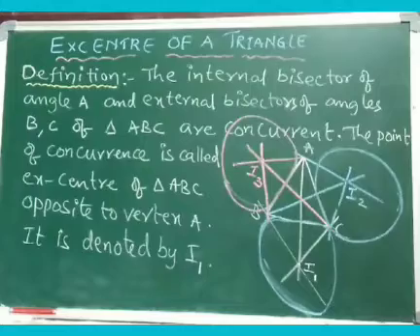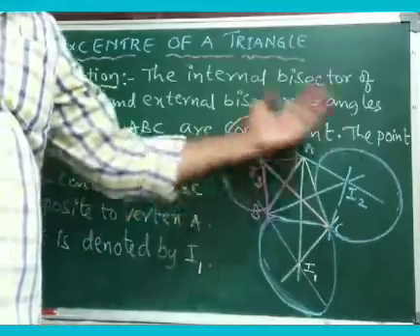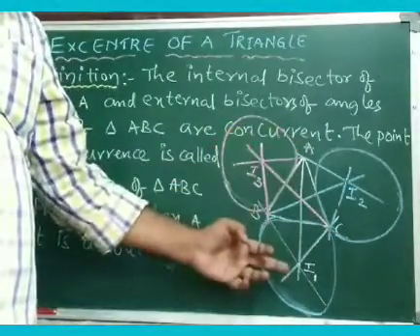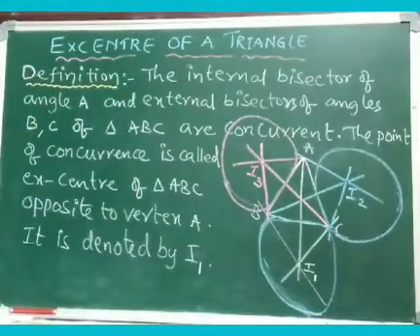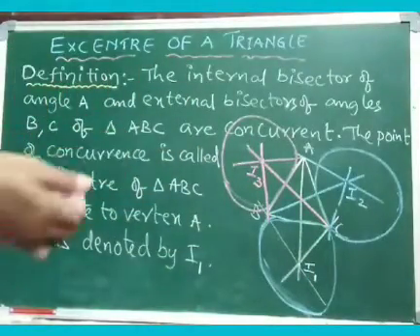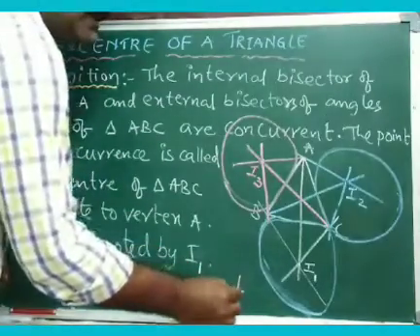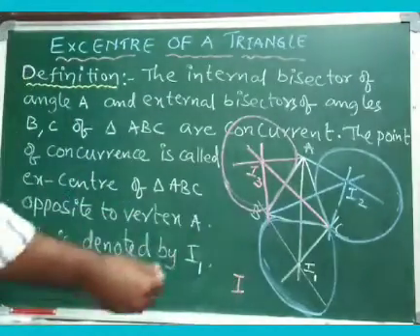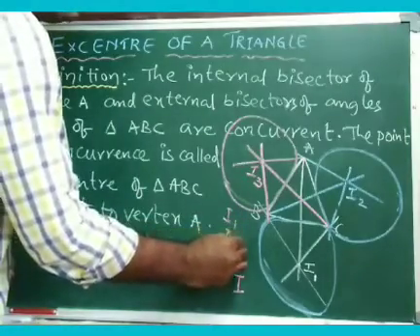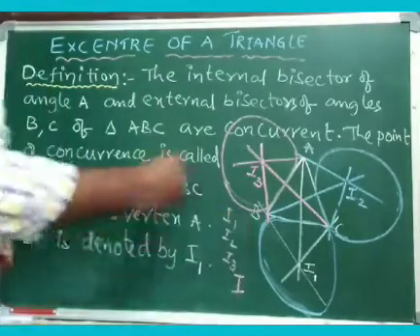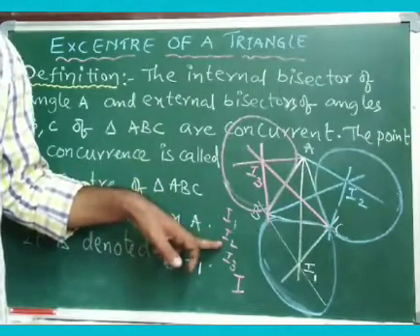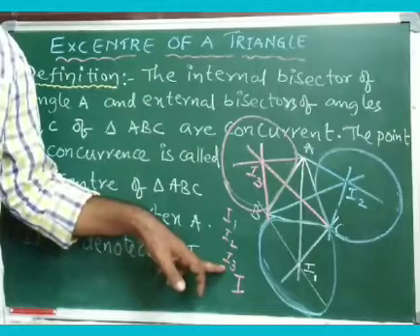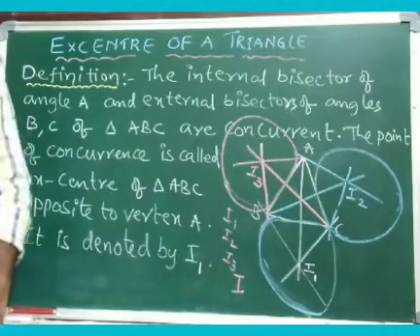But coming to excenters, there exist 3 excenters and 3 excircles, opposite to vertex A, opposite to vertex B, and opposite to vertex C. So I is nothing but the incenter, whereas I1, I2, I3 are the excenters opposite to vertex A, vertex B, and vertex C.